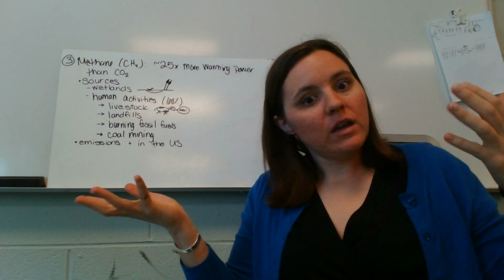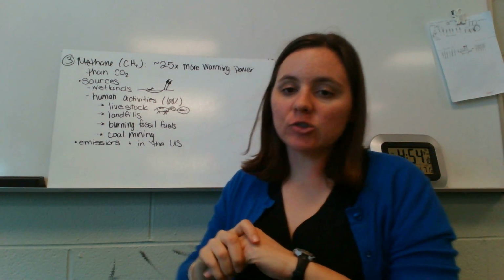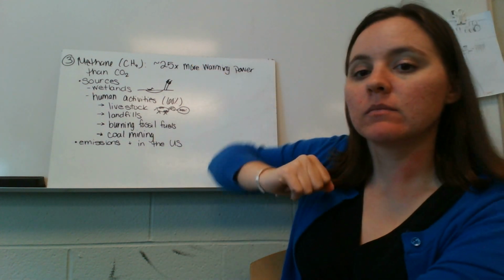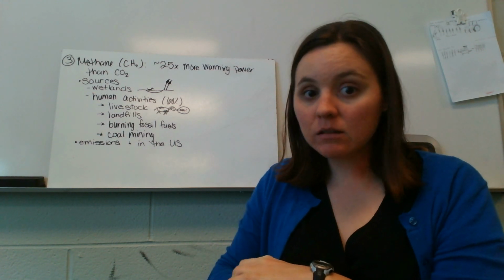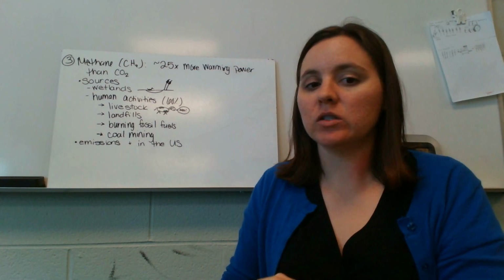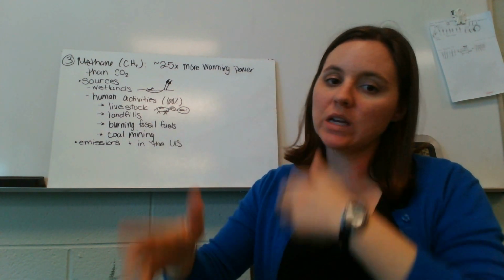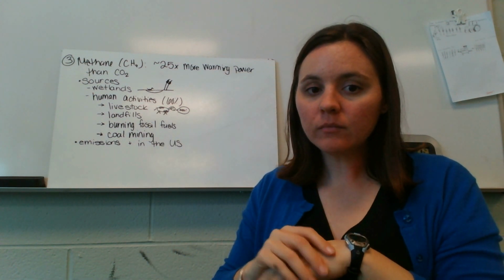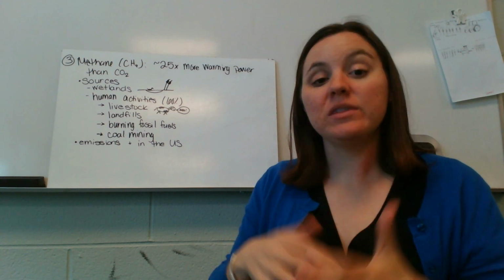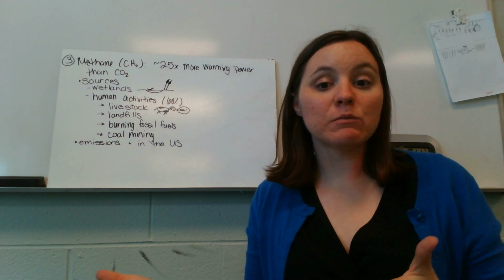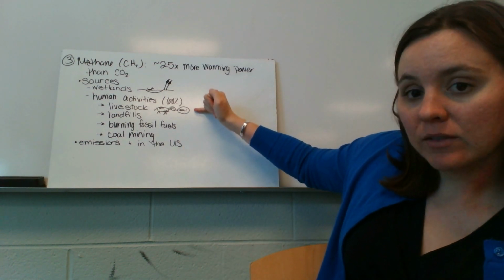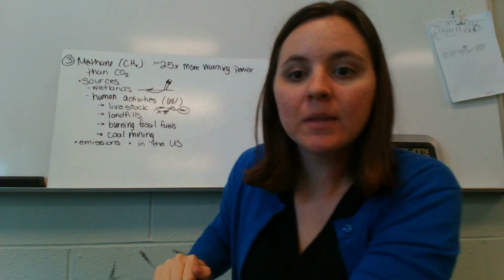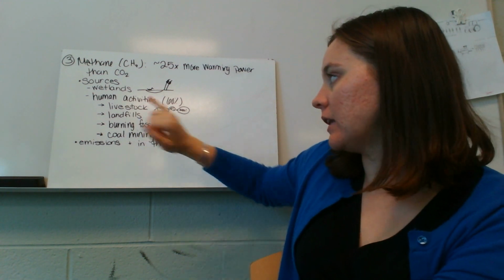So where does methane come from? Well, some of it naturally comes from wetlands, and that's only about 40%. And that's methane that our atmosphere is used to dealing with, and there are processes to recapture it and to keep a balance. But then there's about 60% of the methane that comes from human activities. So these activities are things like keeping livestock, as in my awful cow drawing, and landfills.